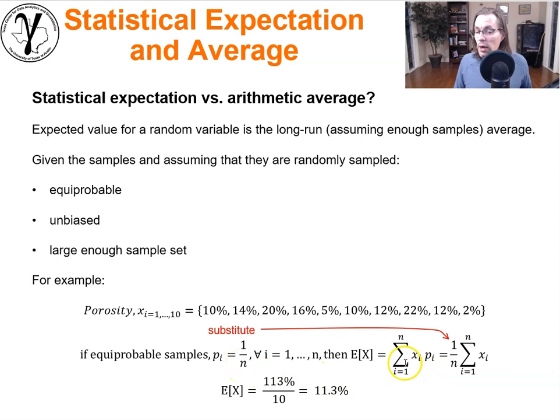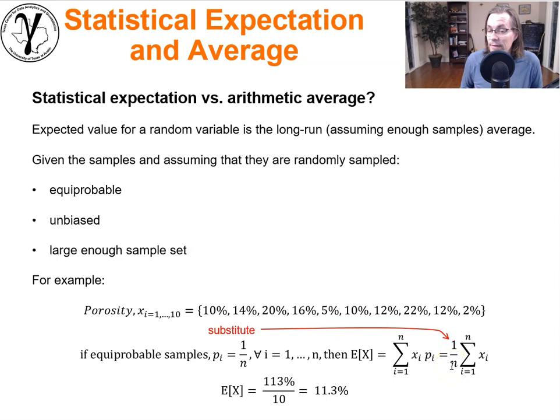And so we could go ahead and calculate the expectation. Using our equation from the previous slide, it would look like this. It would just be the summation of the values multiplied by their associated probabilities. We could substitute 1 over n for the probability. That's a constant, so we can pull it out of the summation, put it in the front, and what do we have?